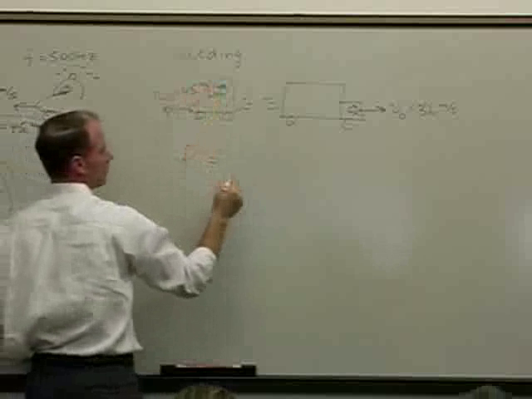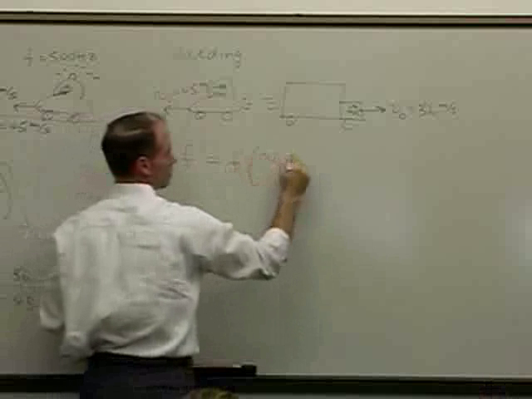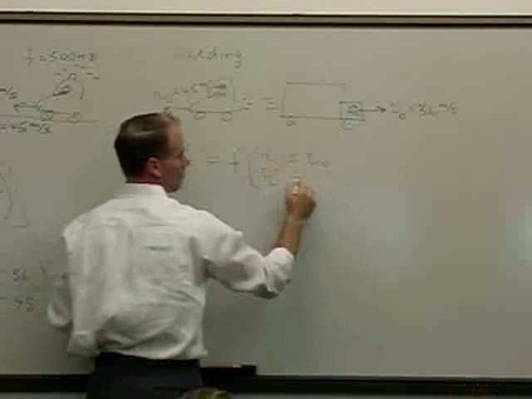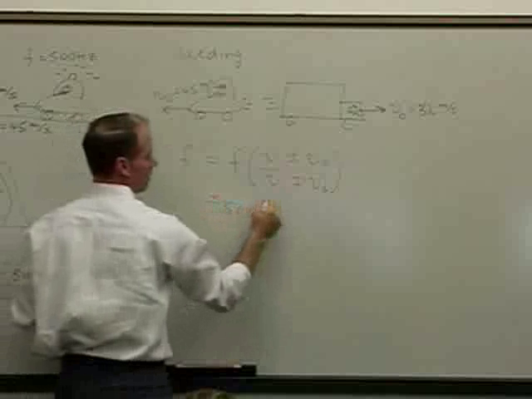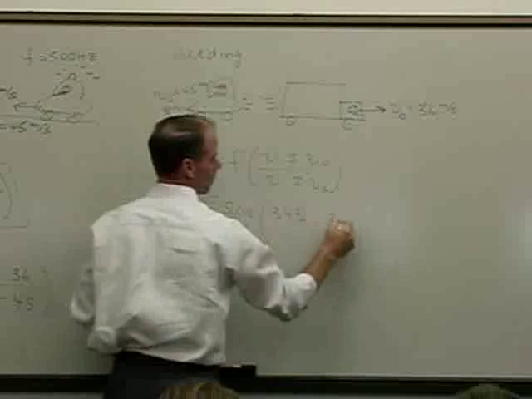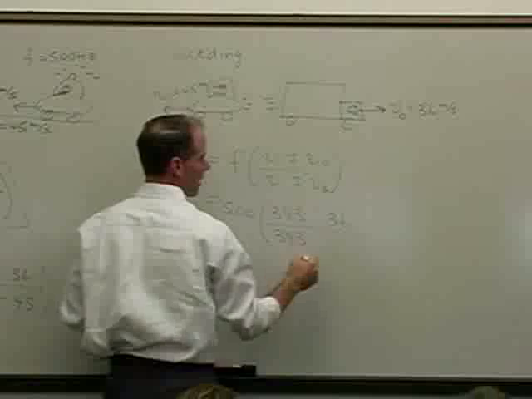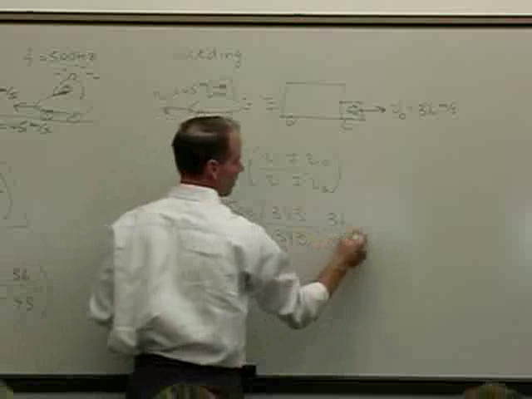The observed frequency would equal the actual frequency, velocity of sound, plus or minus the velocity of the observer, over the velocity of sound, minus or plus velocity of the source, which would be 500 times 343 plus or minus 36, over 343 minus or plus 45.